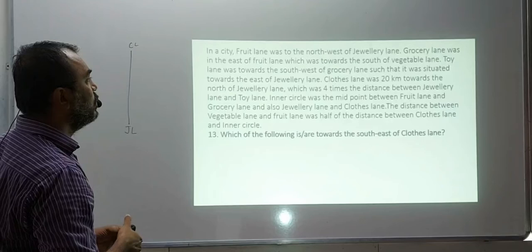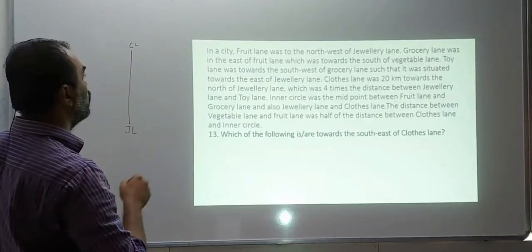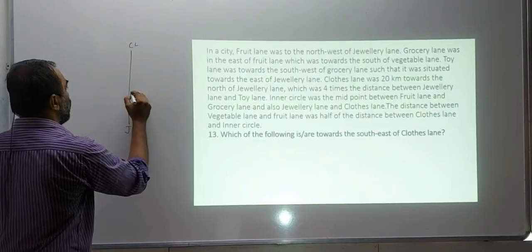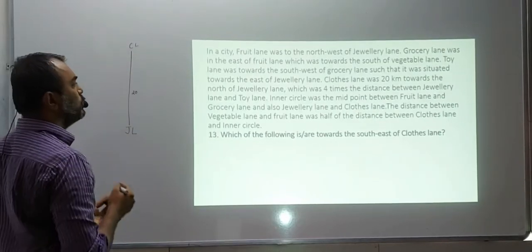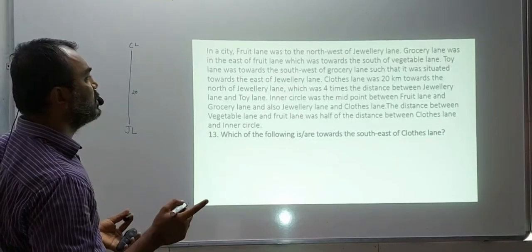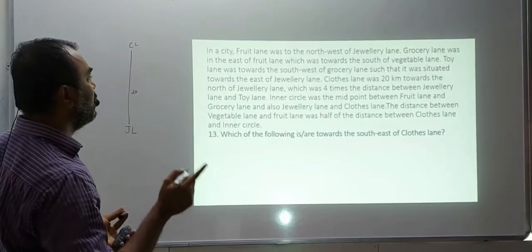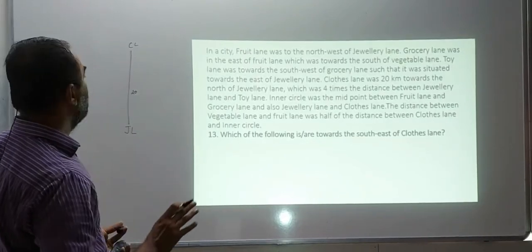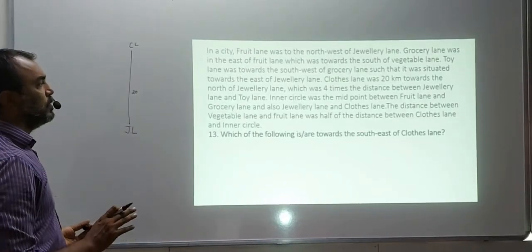I am given Clothes Lane was 20 km towards the north of Jewelry Lane, which was 4 times the distance between Jewelry Lane and Toy Lane. So if 20 km is 4 times, it is 5 km, but still the data doesn't set.